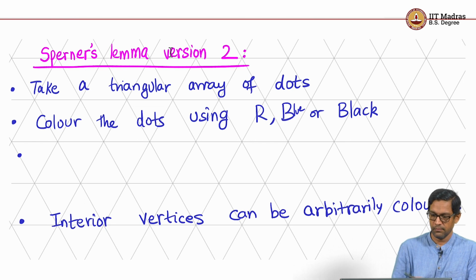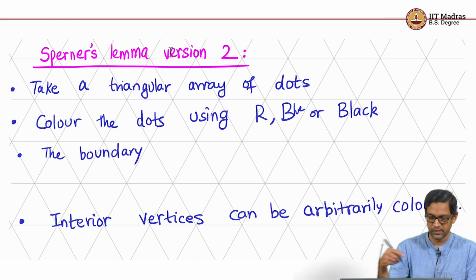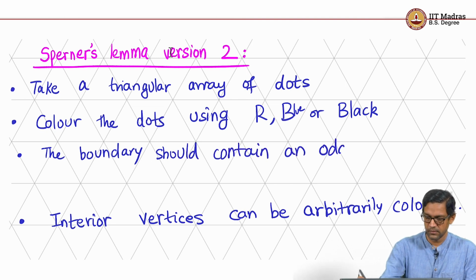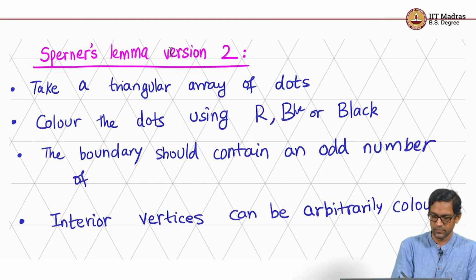Now you just do it arbitrarily, but subject to the only condition that the boundary, which means all three of the segments of the triangle, should contain an odd number of red blue segments.